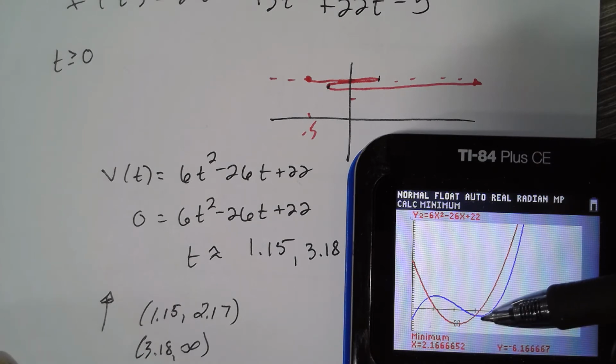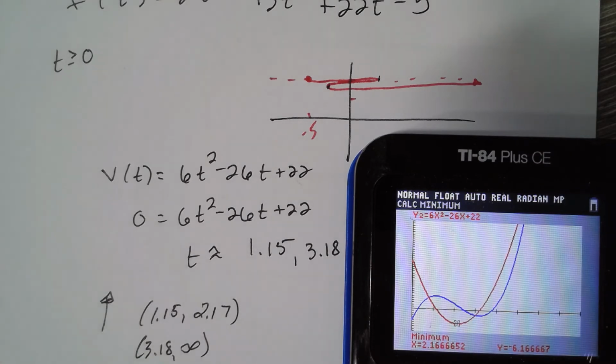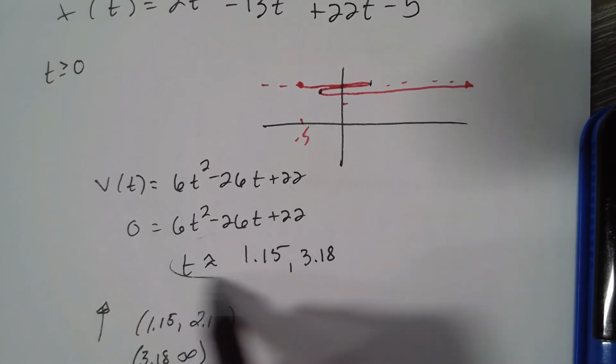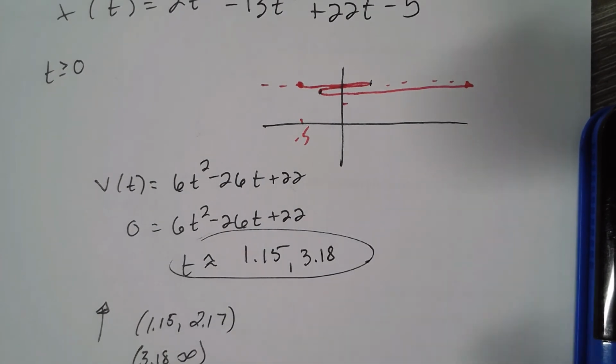So 2.17 to 3.18, that's when it's slowing down. Let's see. D, when is the particle at rest? The particle is at rest anytime the velocity is 0, so there's your answer for D also.